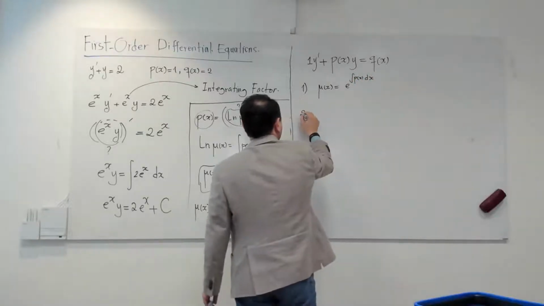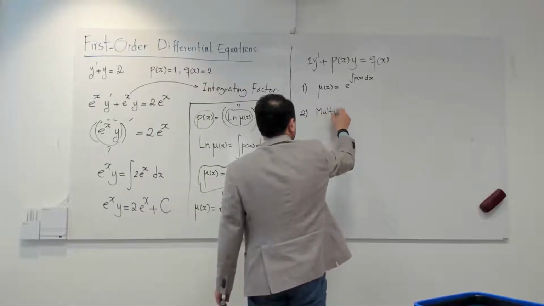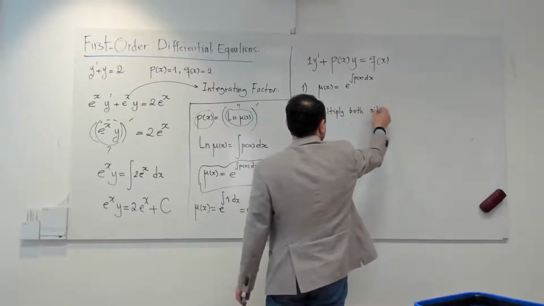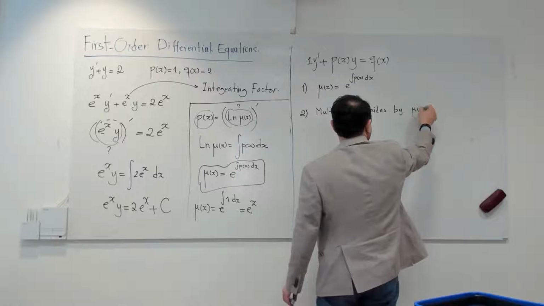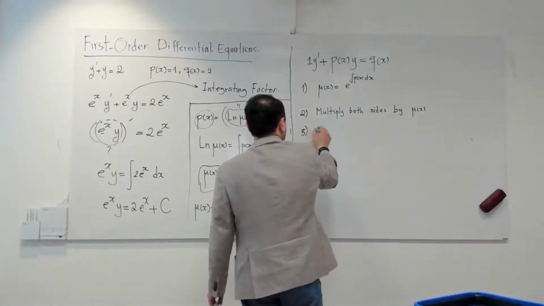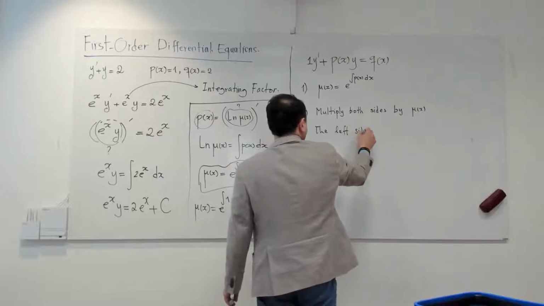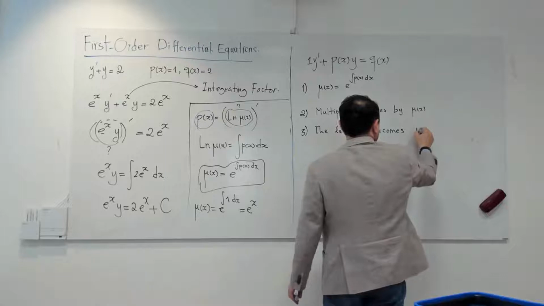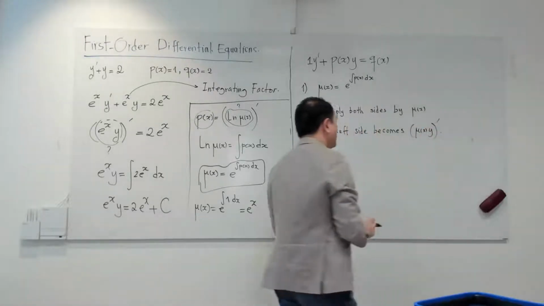And then 2, you multiply both sides by mu of x. Number 3, the left-hand side becomes mu of x y totally prime. It's always the case.